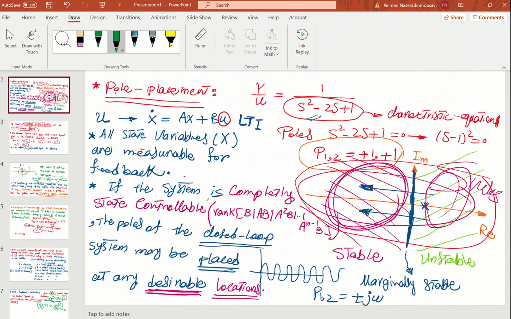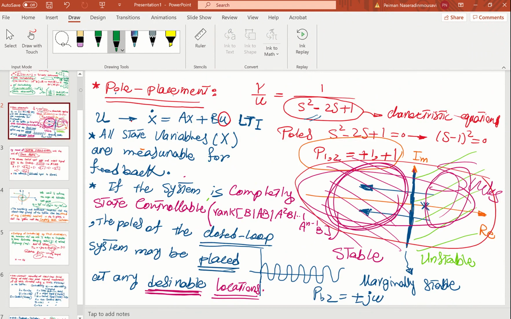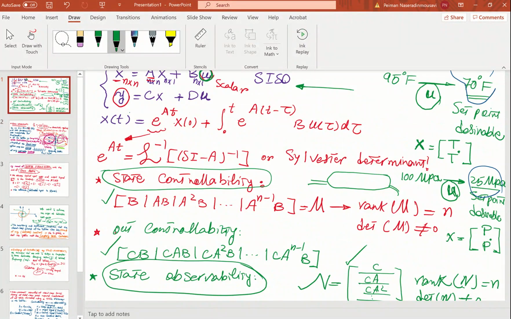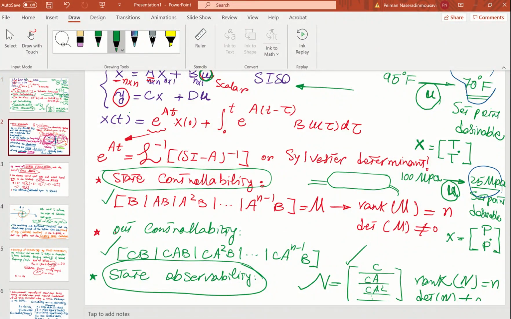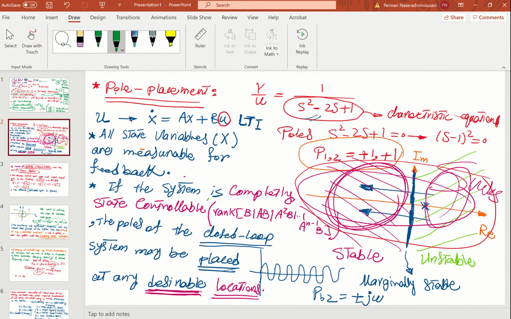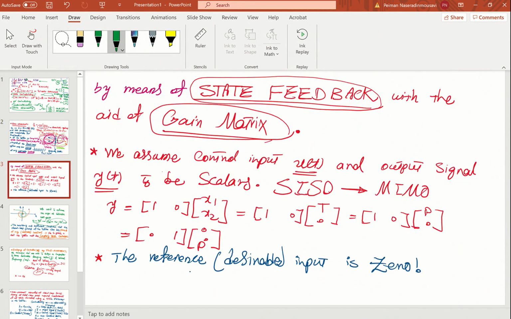This is what I taught you: state controllability, state observability, output controllability, and how they work, and the LTI system's solution, the matrix exponential, and then I reminded you of many things about the S-plane, imaginary and real, and pole placement, and the conditions under which we can place poles on the system, what state feedback and the gain matrix are, and we are going on.